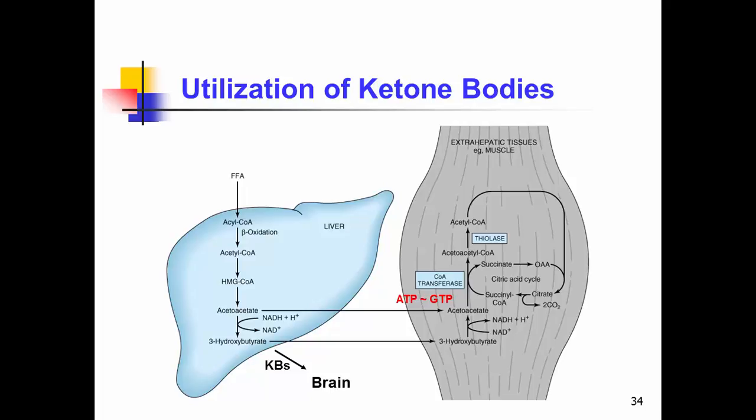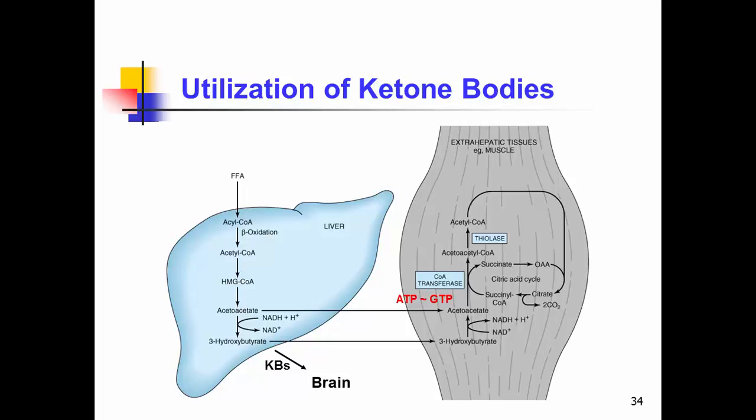Succinyl-CoA transferase is a key enzyme that converts acetoacetate to acetoacetyl-CoA, and this is a key reaction for utilization of ketone bodies. This process also utilizes 1 ATP for the reactions. So again, this is a key enzyme.